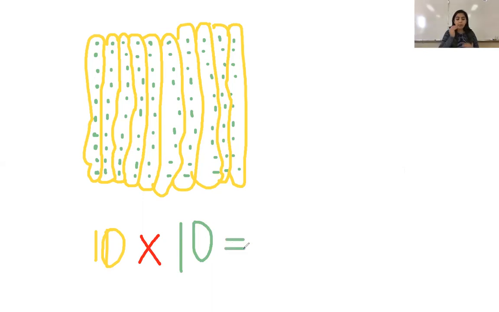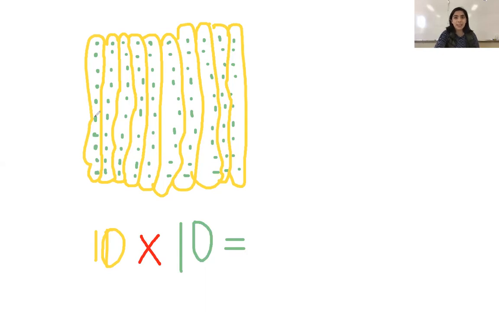there are many ways to do this. We can memorize these multiplication facts, or you can sit there and count every single bean. What do you think would be faster? To memorize the answer, or to count every single bean?